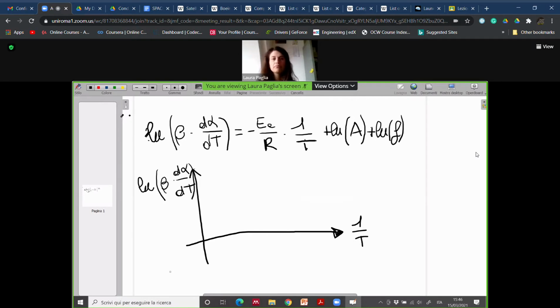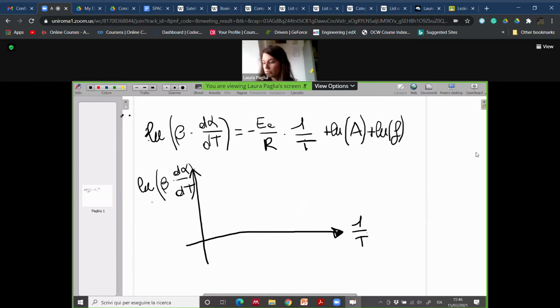And I have all the points that I want because I performed the thermogravimetric analysis. From the derivative of the thermogravimetric analysis, I have this value, the d-alpha on dt. I know that I also have a constant heating rate, beta, and this value corresponds to a certain value of temperature.